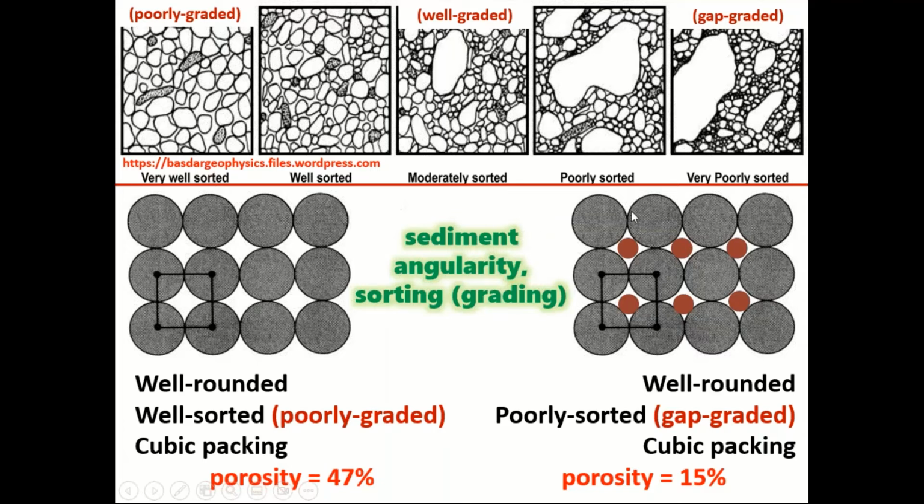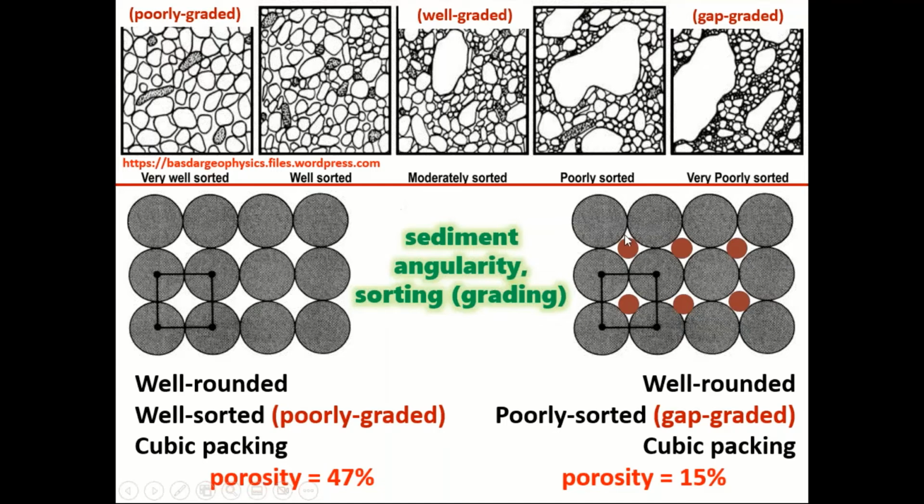On the right, we have those same size and same spherical particles, but in the pore spaces, in the open spaces between the larger particles, we have smaller spherical particles hanging out. So whether that's a silt particle in between sand grains or sand particles in between cobbles or whatever.